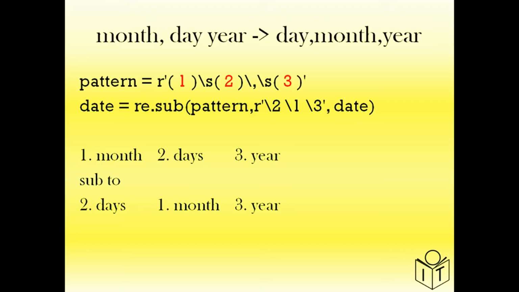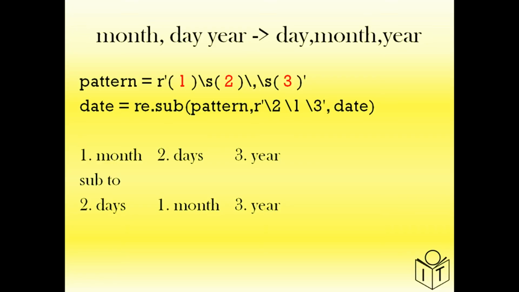So we've got the pattern, and instead of inside the brackets, I've just written a 1 and a 2 and a 3 in red. And in those places we've got a month, the days and the year, and the brackets will extract them.